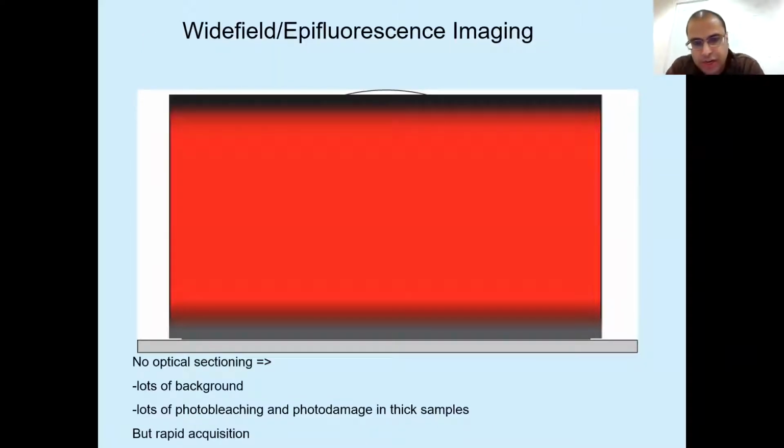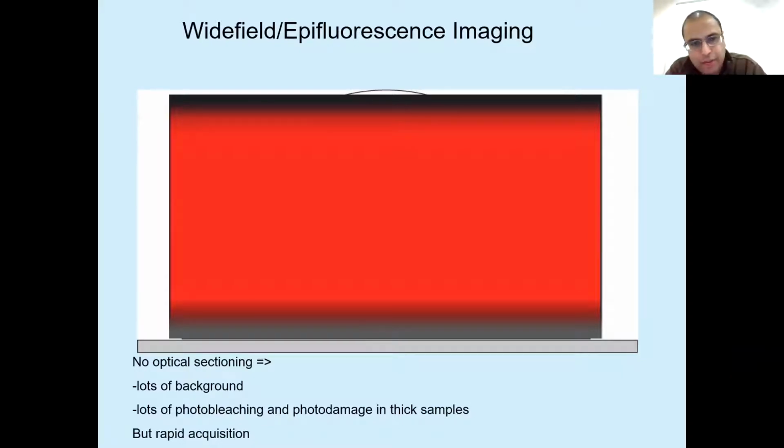So I want to start by motivating widefield microscopy. In a widefield or epifluorescence microscope, this is kind of a baseline microscope. The defining characteristic is you illuminate the entire sample at once. I've tried to indicate that here by this red light coming in and illuminating the entire volume of the sample.